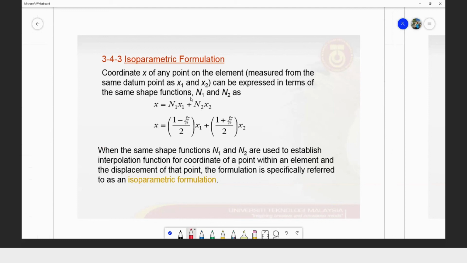So when we apply, let's say we know x1, we know the x2, and then we know the value of z for the structure, and then we can obtain the x lah. What is the coordinate of x in the Cartesian coordinate system. So kita boleh guna juga the shape functions and natural coordinate system tadi tu untuk macam kita work in reverse untuk dapatkan the x coordinates.